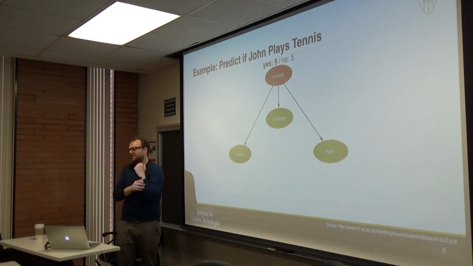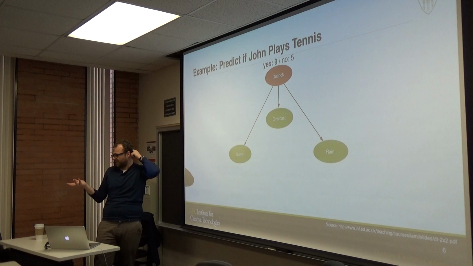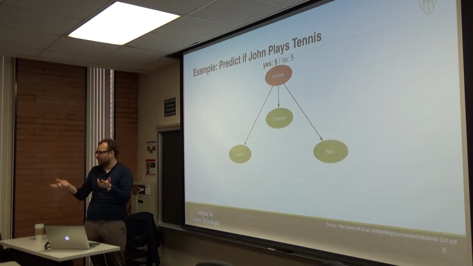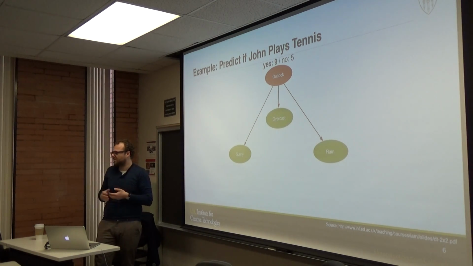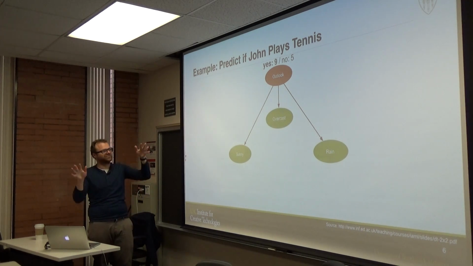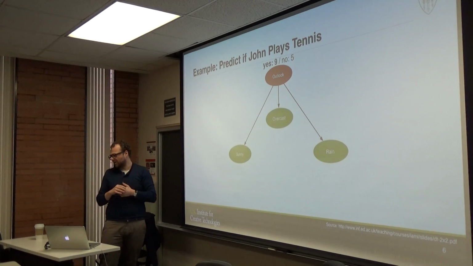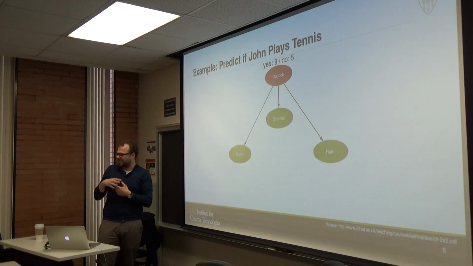Then using these two numbers, 9 and 5, you can calculate your initial homogeneity or entropy. You would see that it's not great. There is a weight towards one class already, but it's not a perfect split, you don't have just one class.